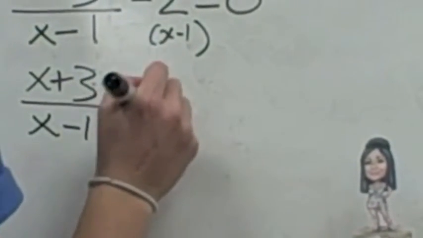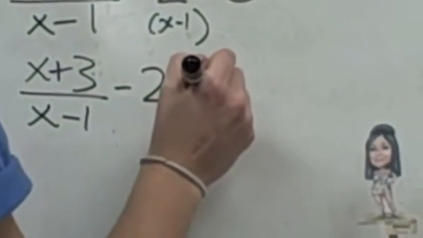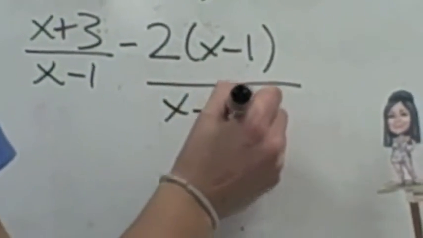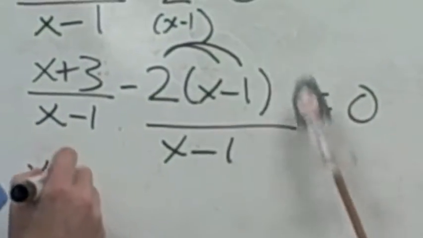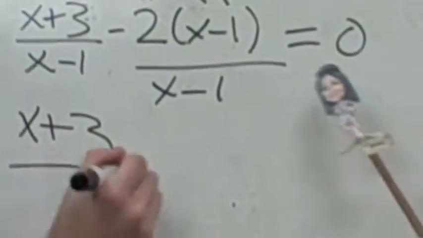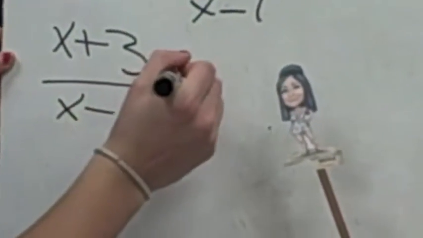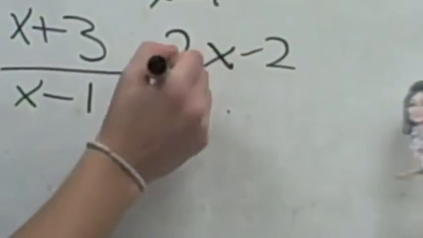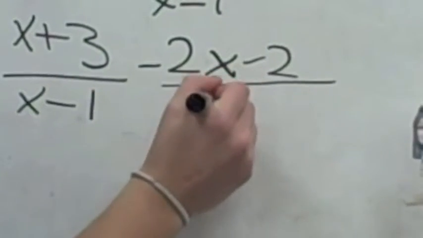I have a common denominator of x minus 1. Now you have to add the 2 into the expression to get x plus 3 over x minus 1 minus 2x minus 2 over x minus 1.